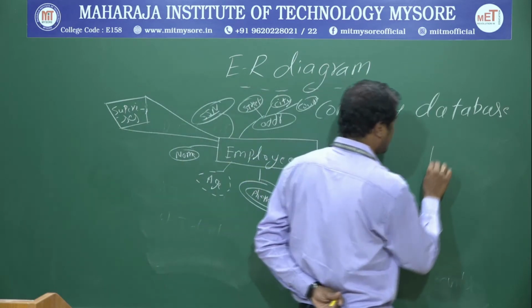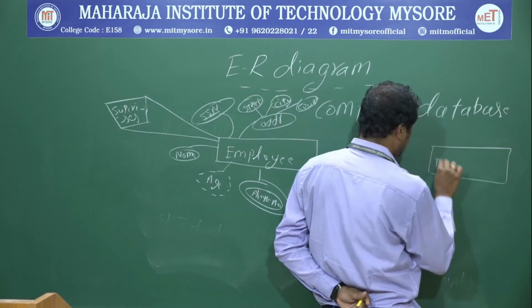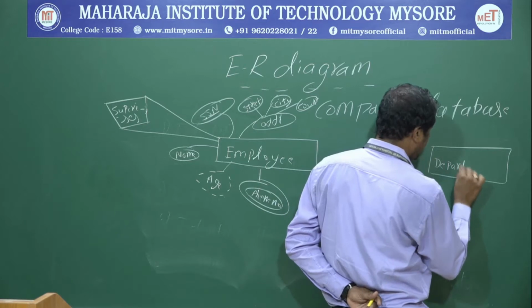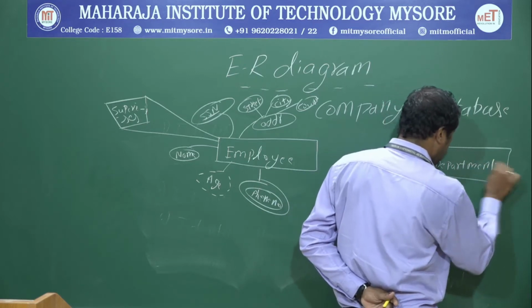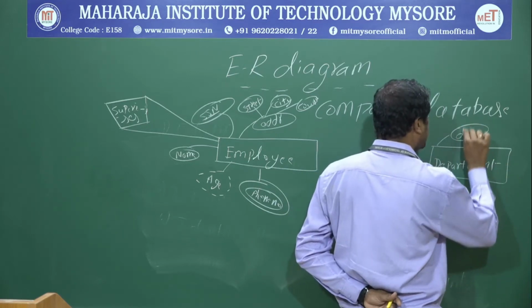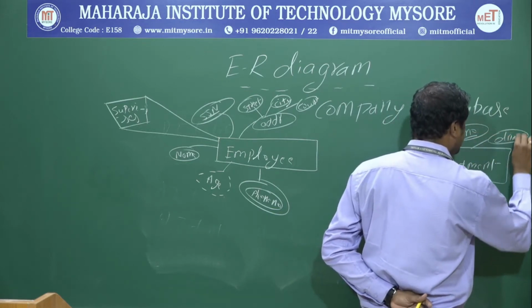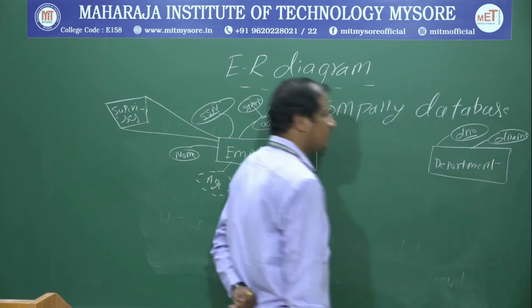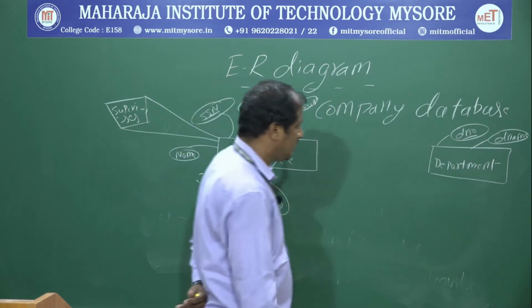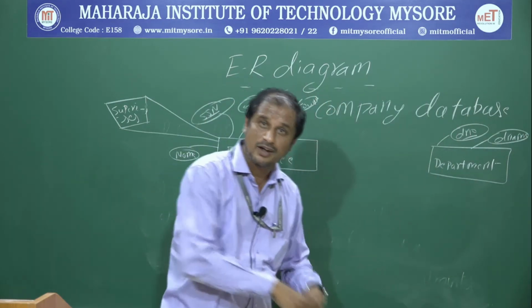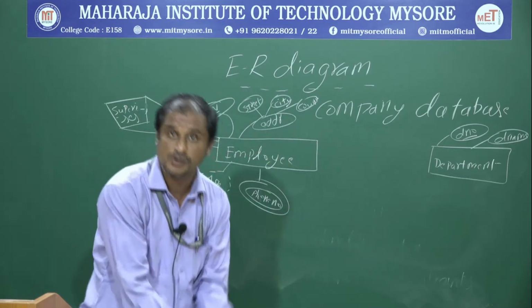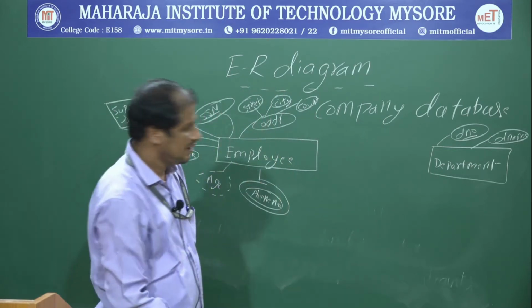Then we have department, with D number as the key and D name as another attribute. I am identifying the entities and also the types of attributes with the keys.